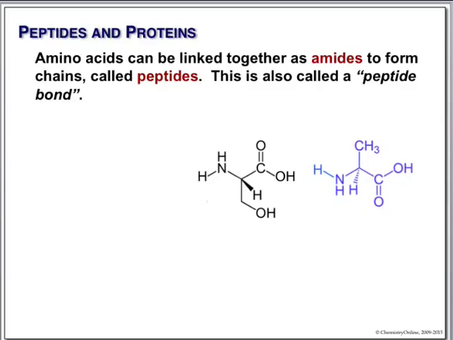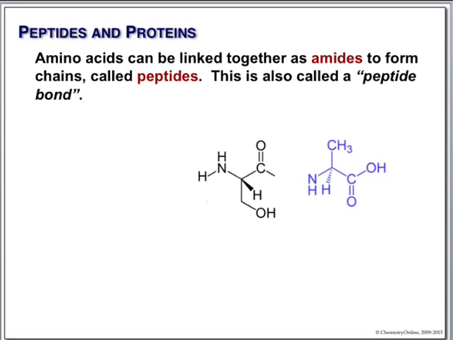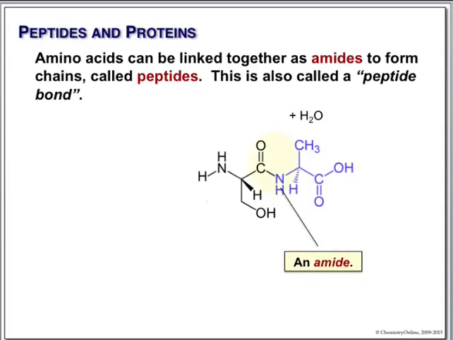If we take one amino acid and another, we can react this carboxylic acid with this nitrogen, and we're going to make an amide. When we do this, we've made what's called, in biochemistry anyway, a peptide bond. It's nothing more than an amide right here.